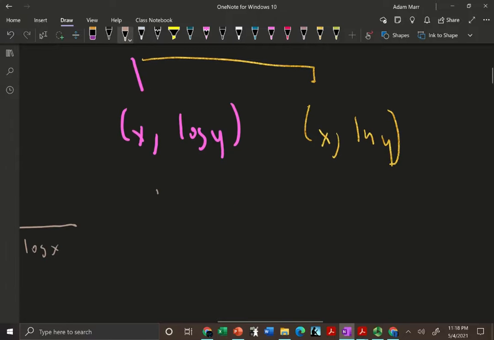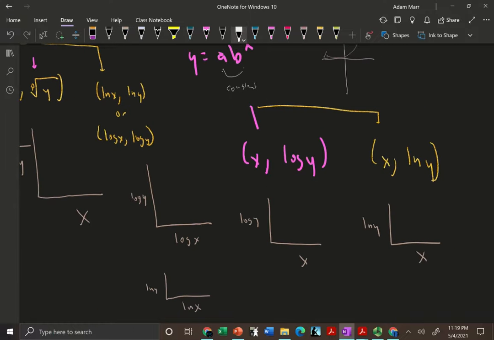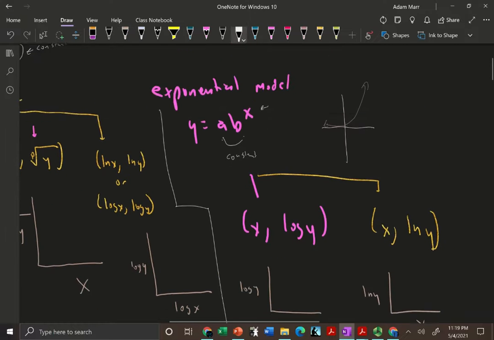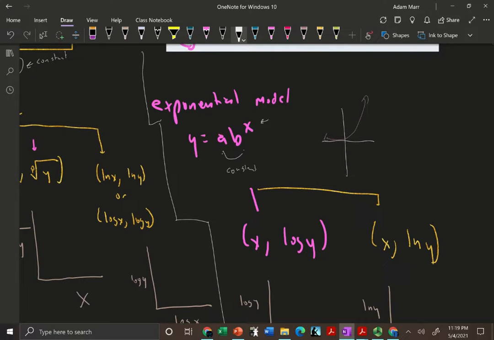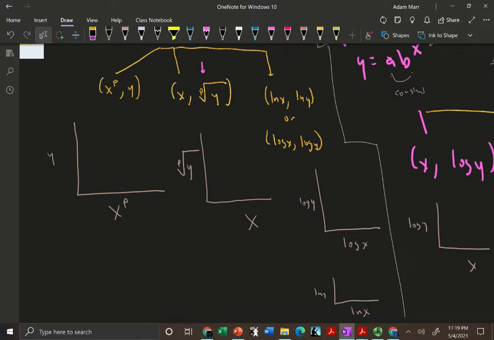So looking at that like a graph, x is all normal, log of y, or x is all normal, ln of y. All right, so those are your options for the exponential model. Just to clear it up, remember, for a power model with logs, it's both log x, log y.